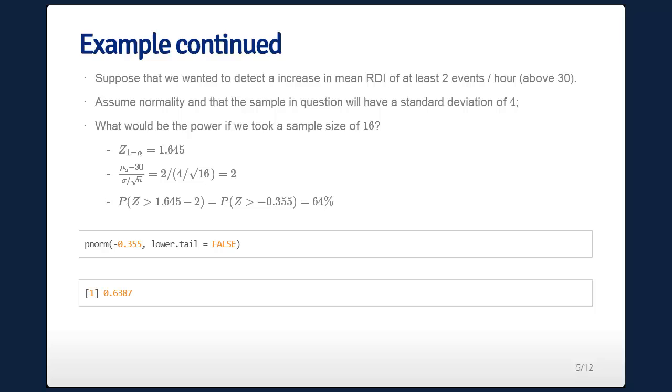So how do we use power? The way we elect to use power is, prior to conducting a study, we choose our sample size so that we get the power that we want after we've conducted the study.